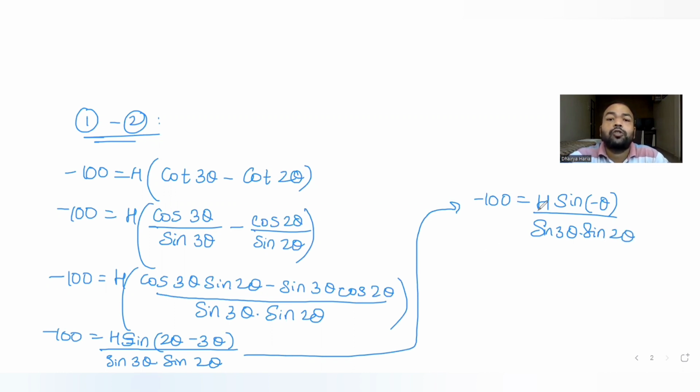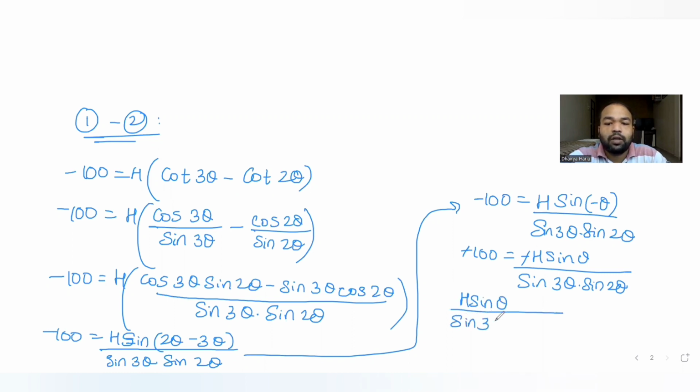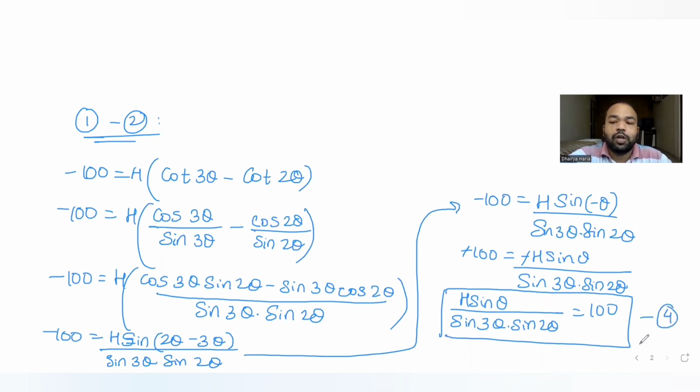Sine of minus theta is minus sine theta, so minus 100 becomes minus H sin theta upon sin 3 theta into sin 2 theta. The minus signs cancel, and you have H sin theta upon sin 3 theta into sin 2 theta is equal to 100. This becomes our equation number 4.